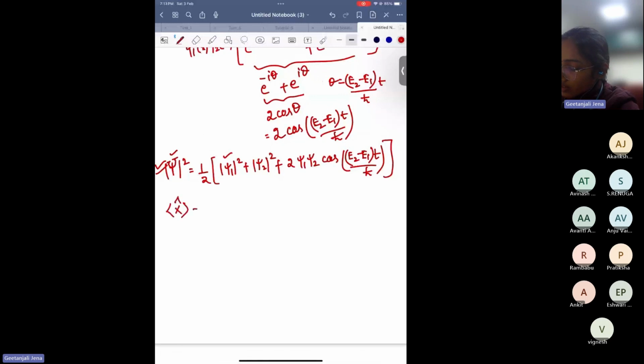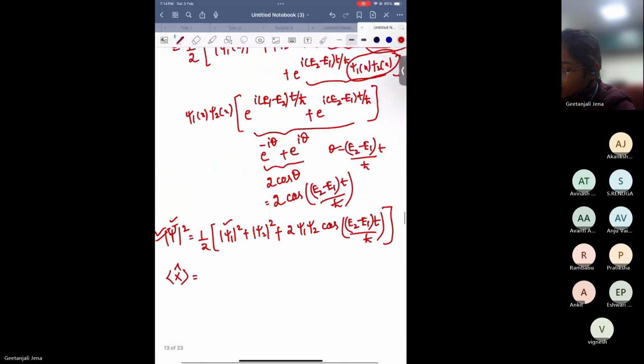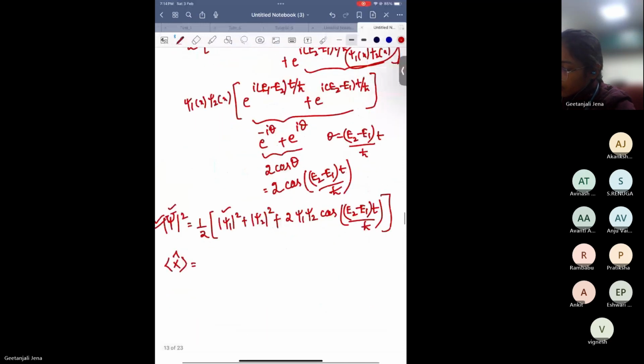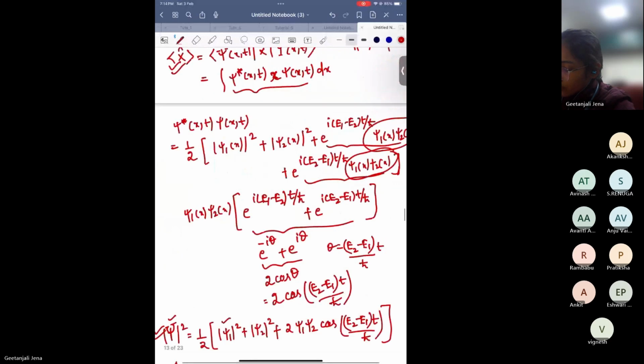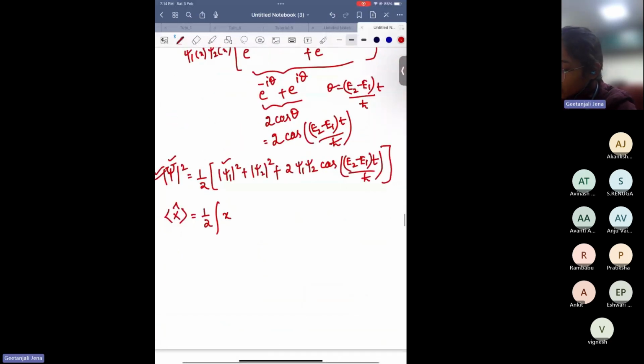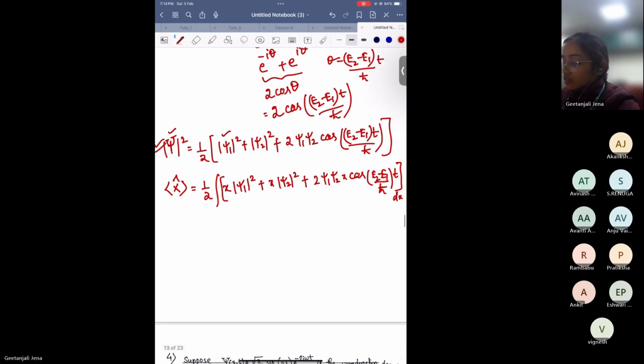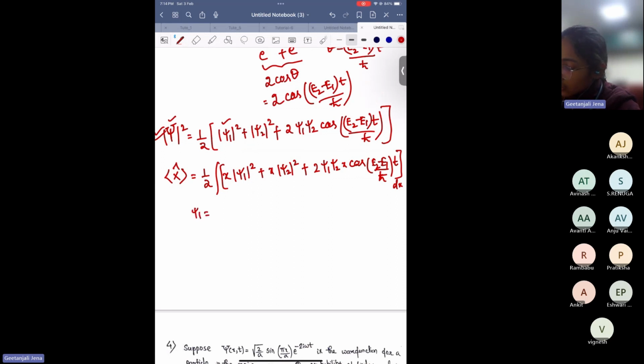So now x will be 1/2 integral of [x psi1 square plus x psi2 square plus 2 x psi1 psi2 cos (E2 minus E1) t by h cut] dx. Now psi1 and psi2 are nothing but the normalized wave functions.